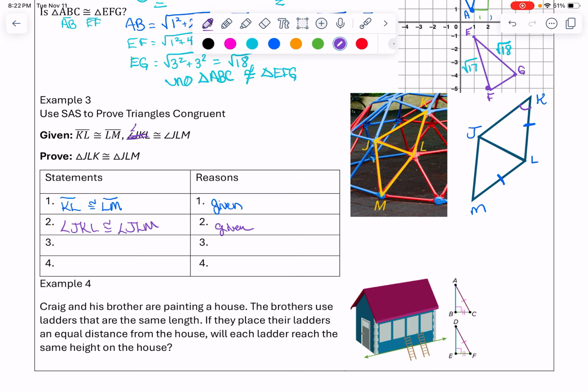It should say angle JLK congruent to JLM.